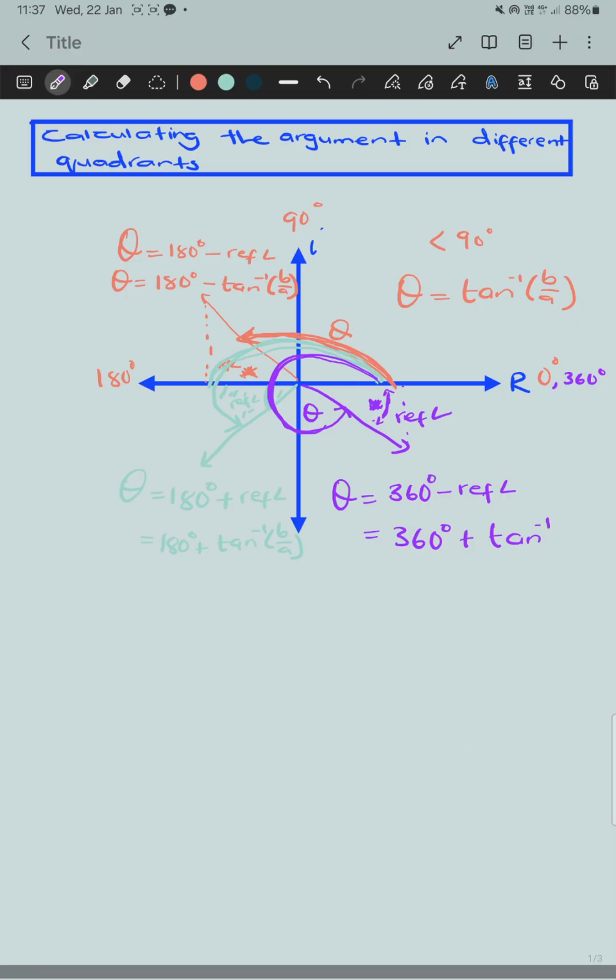From the 360, I am taking out this part. So it's going to be a minus. Apologies for that. So theta equals 360 degrees minus arctan b over a.